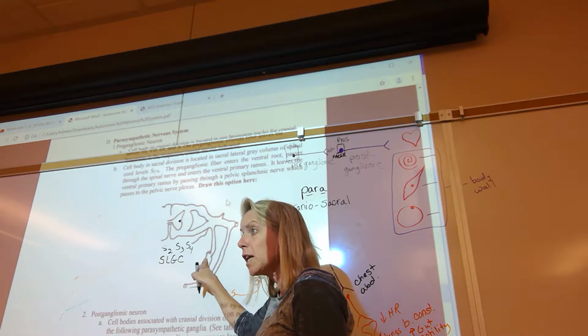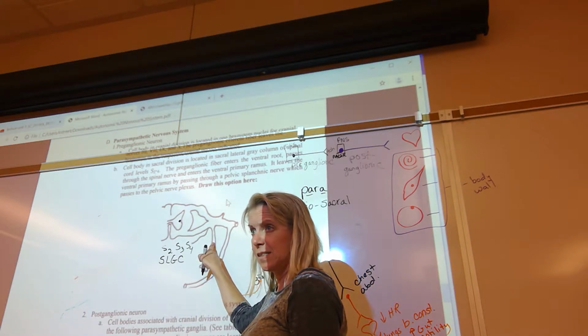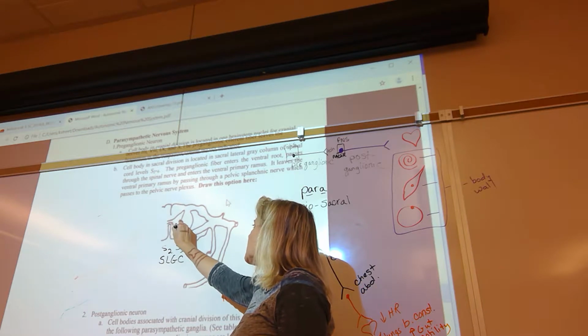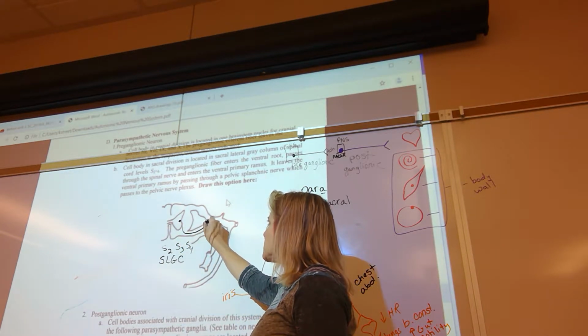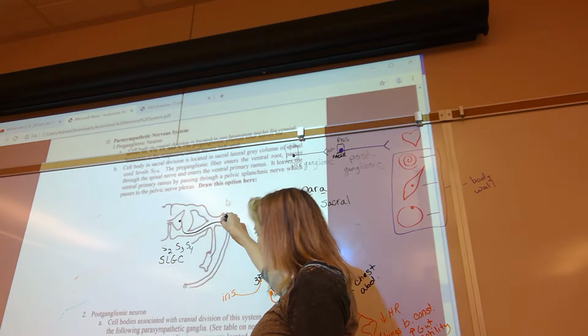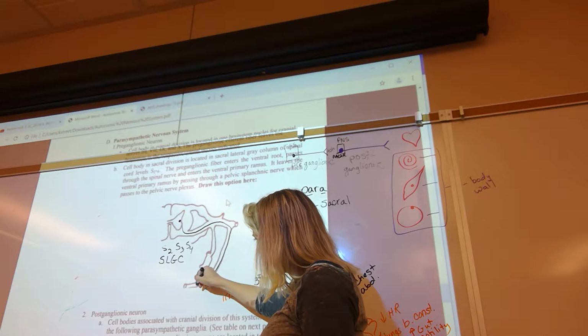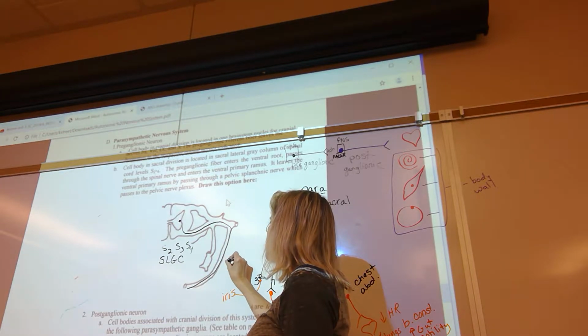It's sympathetic, and that's an exit, not an entrance. We don't use that. So here, this fiber exits through a ventral root, enters a spinal nerve. You see this structure? That's called a pelvic splanchnic nerve.